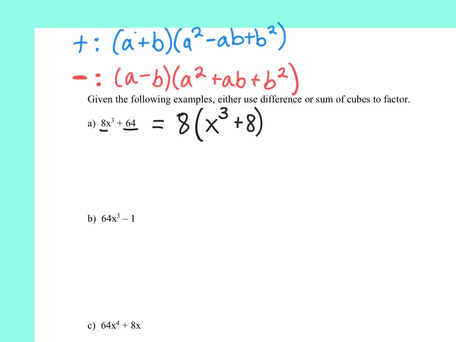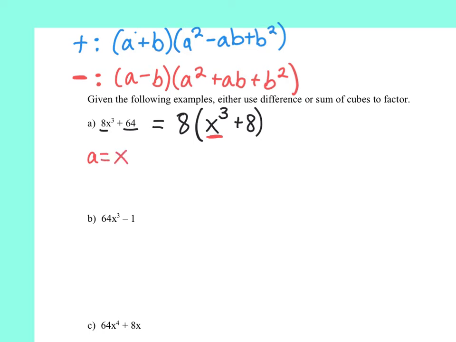Okay. So now we look at the inside. What do we notice this exponent is? Cubed, right? So we need to look. Can we have a difference or a sum of cubes here? Can x to the third, does that have a cube root? What is it? 1.